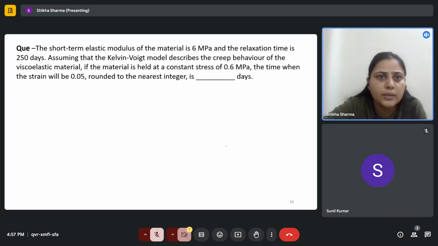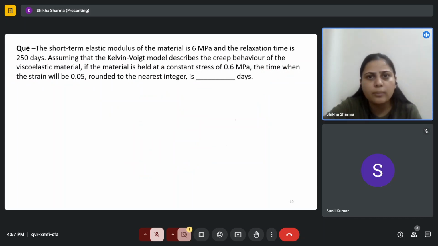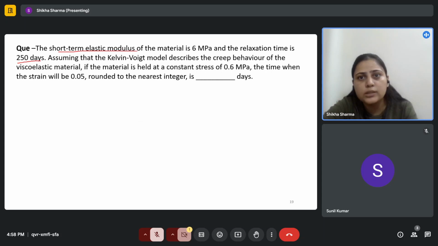The short-term elastic modulus of the material is 6 megapascal, and the relaxation time is 250 days. So the short-term elastic modulus is given as 6 megapascal. The tau naught, which is the relaxation time, is given as 250 days.